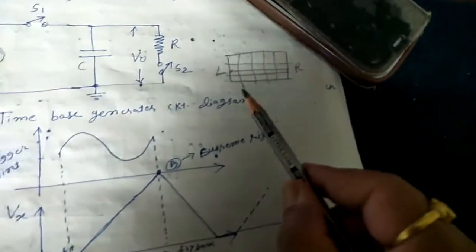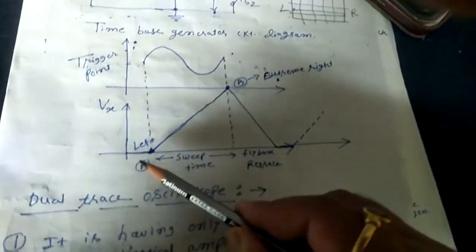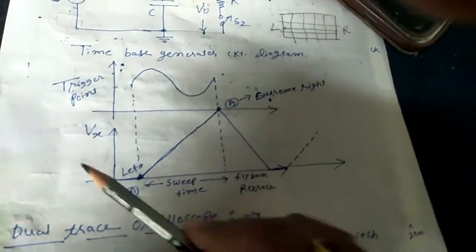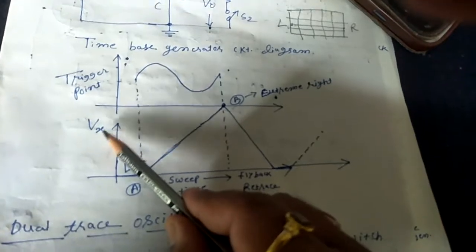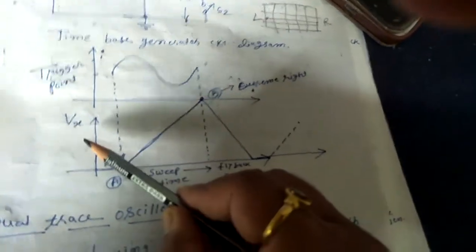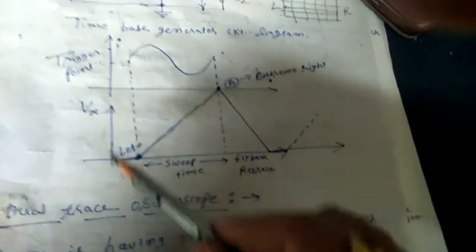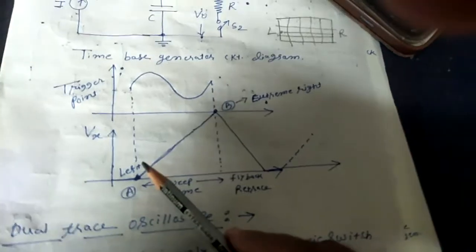If your spot travels from left to right, your Vx increases. What is this Vx? Horizontal deflecting plate voltage Vx, and what is Vy? Vertical deflecting plate voltage. So this is your horizontal deflecting plate voltage Vx.